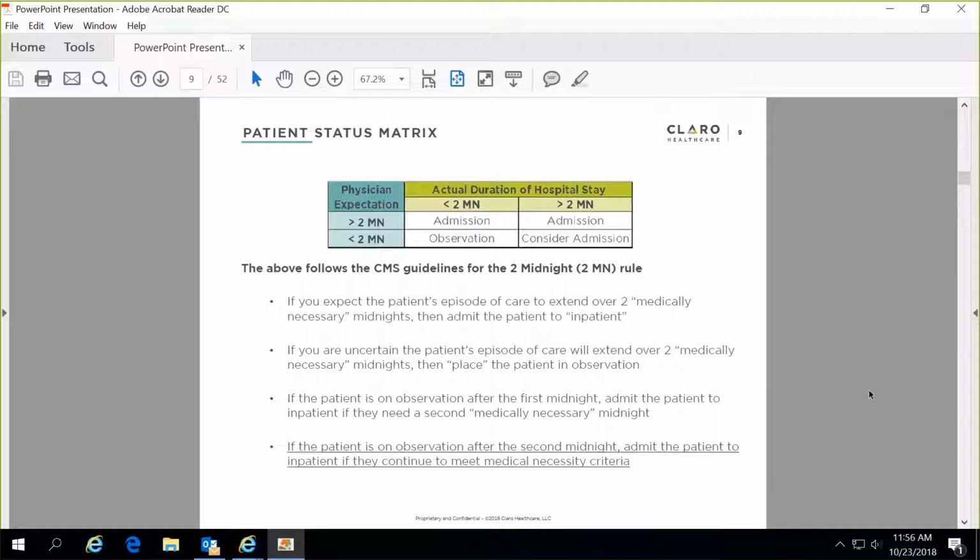There may be opportunity. So we will look for documentation missing from the record. So you may get queries asking you for that information to be documented, like that example that we gave you, a good example of inpatient documentation to support medical necessity.